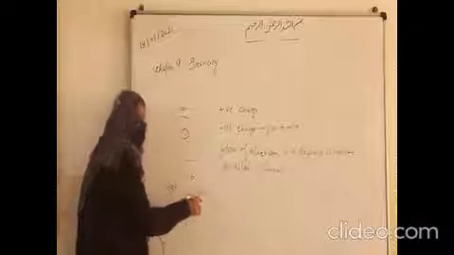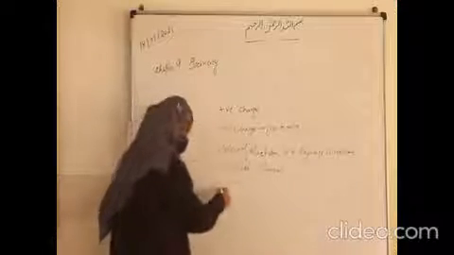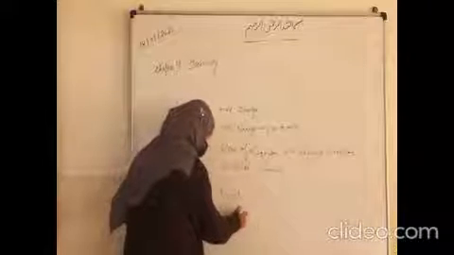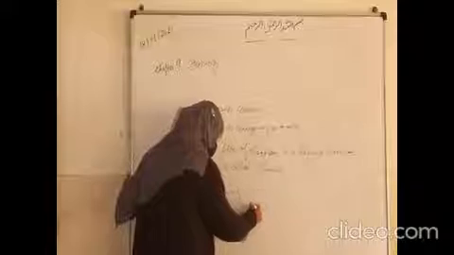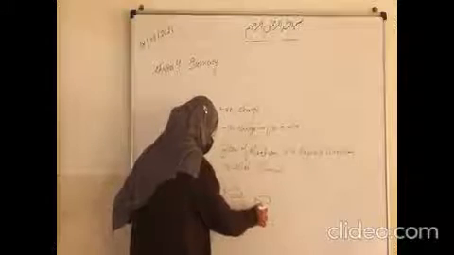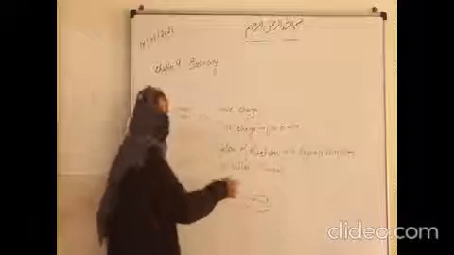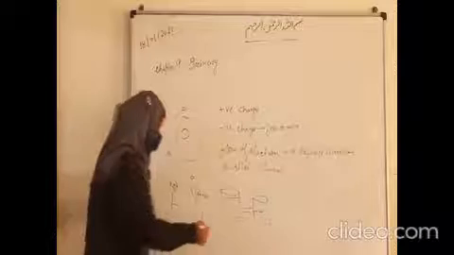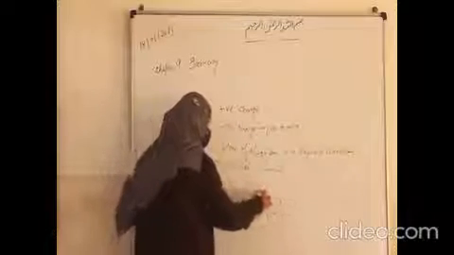Similarly, if you have two tanks and you join a pipe between them, with different water levels, how will water flow? From the higher level of water to the lower level, okay.